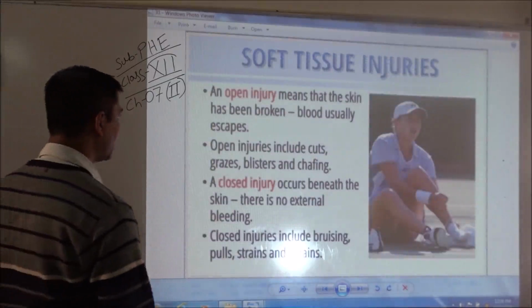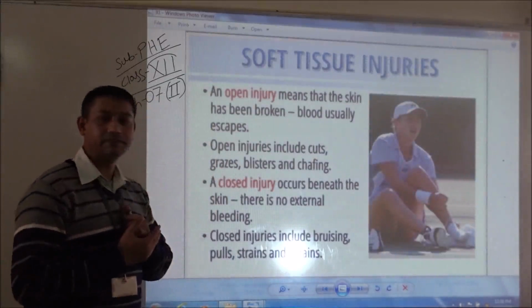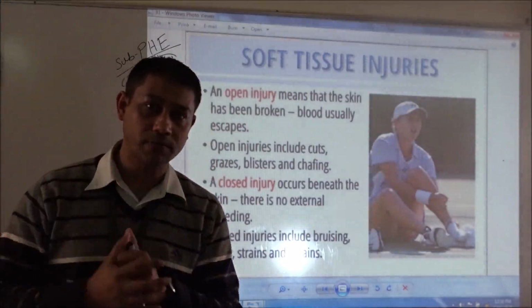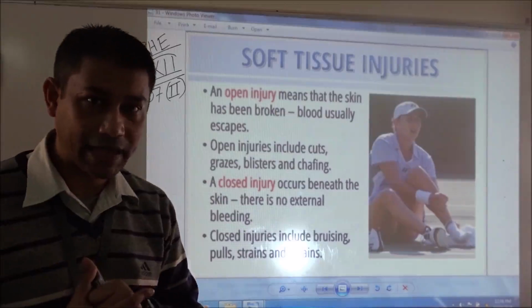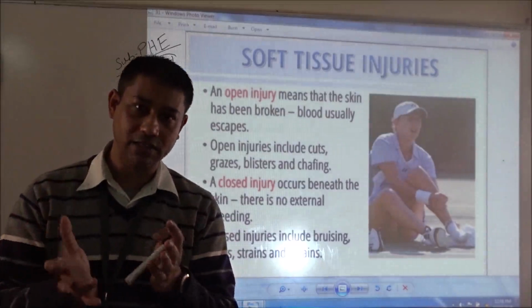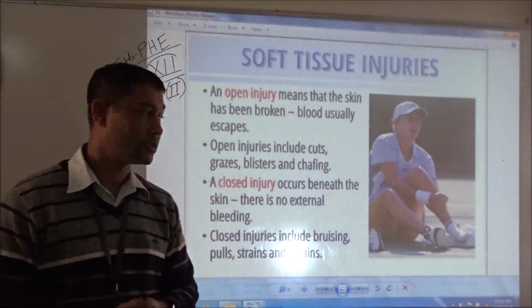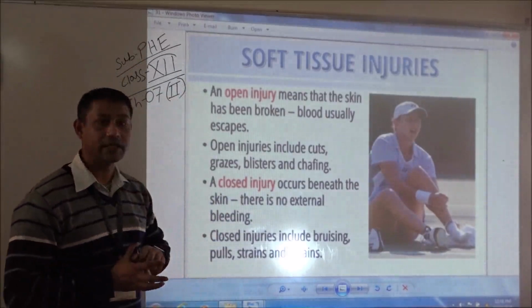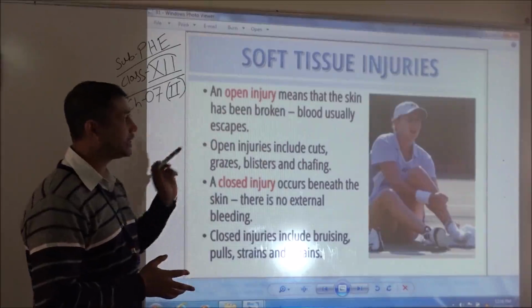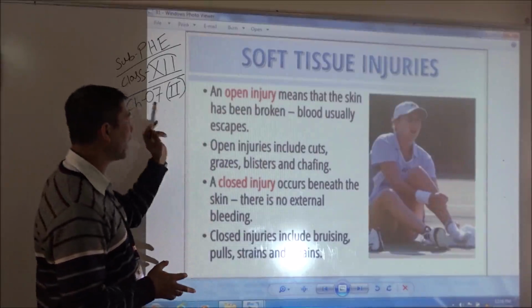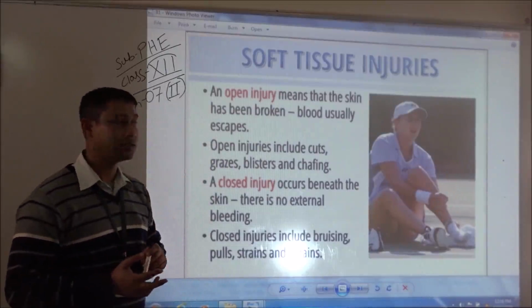Now, let us have an overview of soft tissue injury. There can be open injury as well as closed injury. Now, what are open injuries? An open injury means that the skin has been broken.